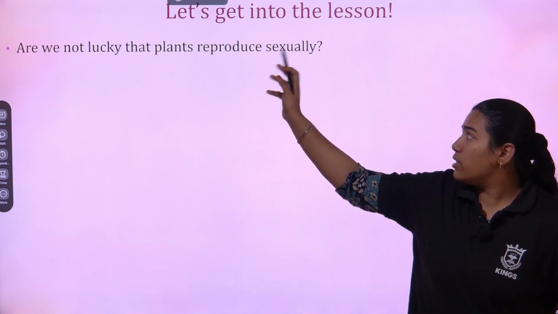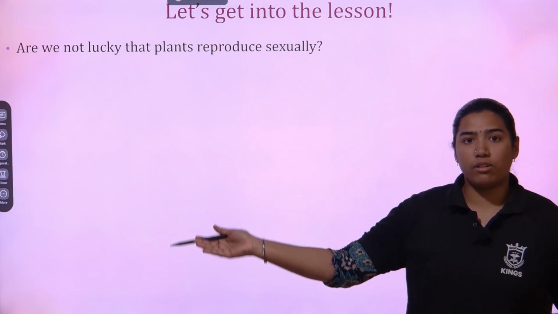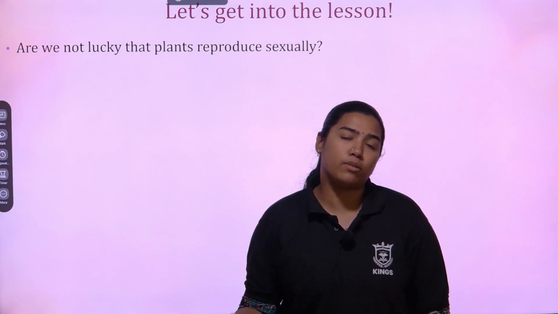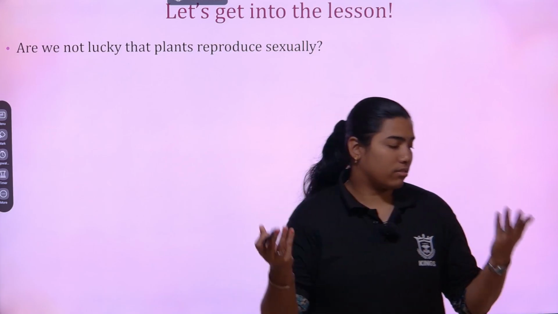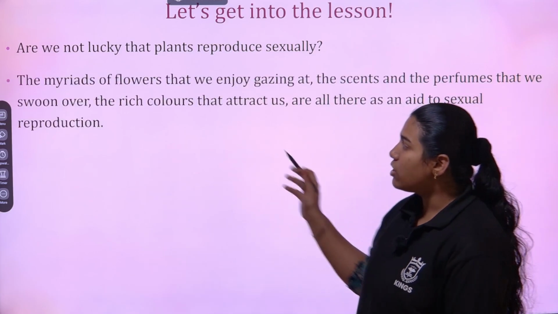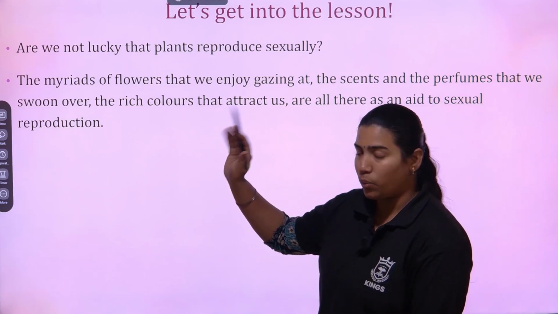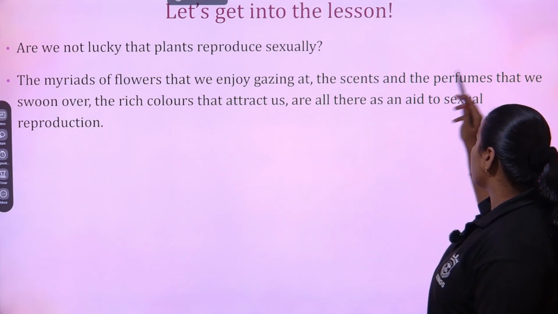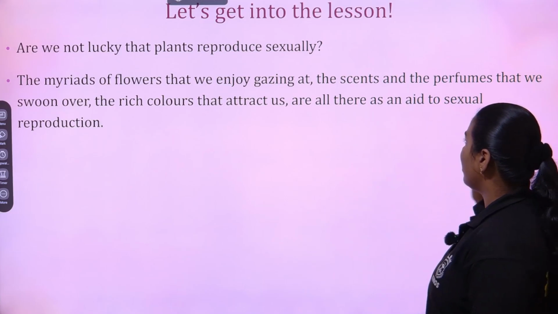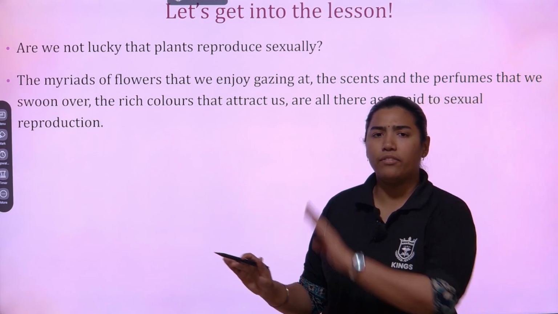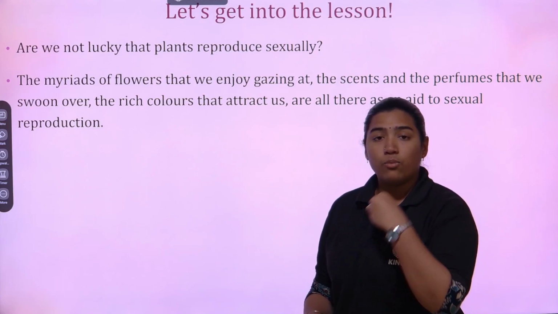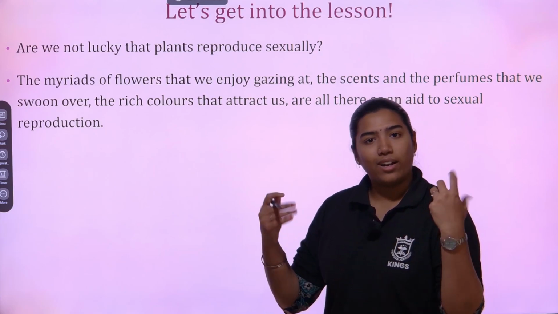Just because plants reproduce sexually, we have different colors of flowers, because they adopt variation. We have different types of flowers, sizes, everything. Then the myriads of flowers, the variety of flowers that we are gazing at, the scents, the perfumes that we swoon over, the rich colors that attract us, are all an aid to sexual reproduction. So why is a flower so colorful, so fragrant, so attractive?